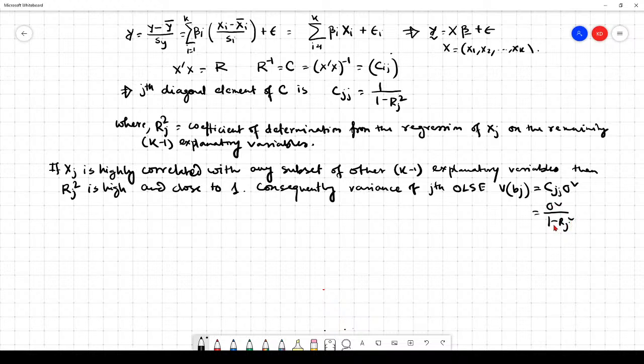Since Rj square is close to 1, this tends to infinity.